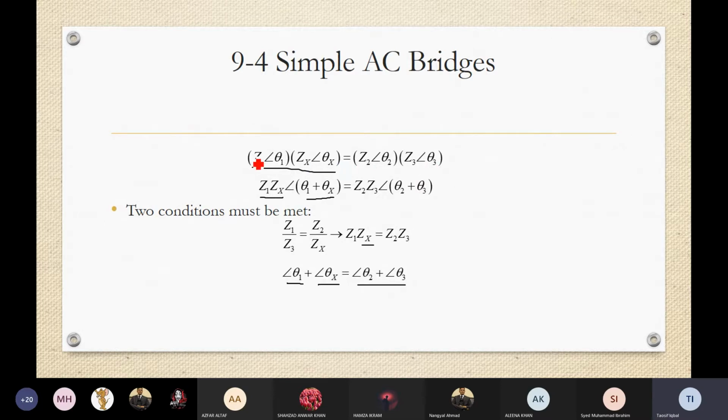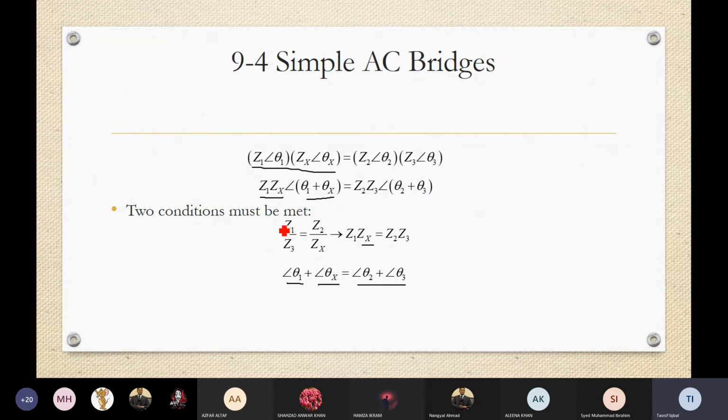So we can multiply the magnitudes, and the phases are going to be added, so that we can get the overall magnitude and phase in a single polar form. Similarly, on the other side, Z2 is going to multiply by Z3, and the phases are going to be added.